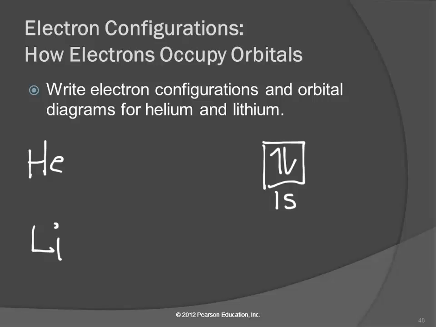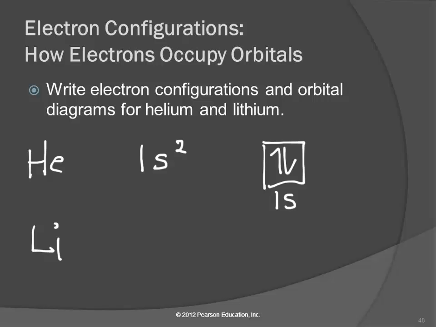For the electron configuration, we give the name of the orbital, a number and a letter, and then a superscript to tell how many electrons are in it. So for helium, the orbital is 1s, and it's got a 2. It looks like 1s squared, but we pronounce it 1s2. So there are 2 electrons in the 1s orbital.